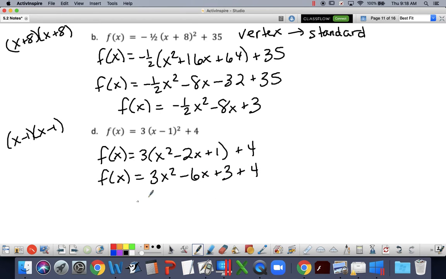And then last but not least, I'm going to combine the 4 with the 3. So there we have it. I know these notes are quite lengthy. I do apologize for that, but let's keep moving on to finish up the rest of 5.2.